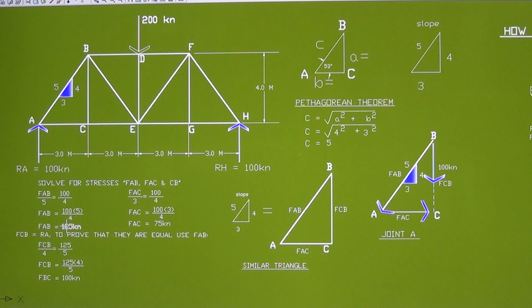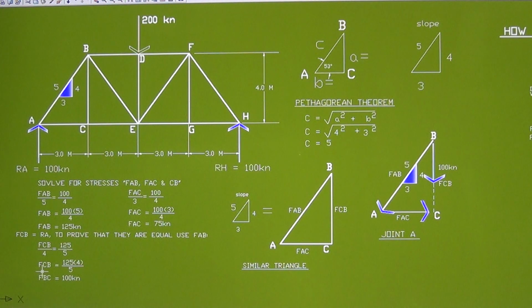And by again using the similar triangle of the slope and the triangle forces, we can use the known value now, 125. The FCB right here divided by 4, the vertical slope, is equal to 125, the incline, divided by 5 right here.